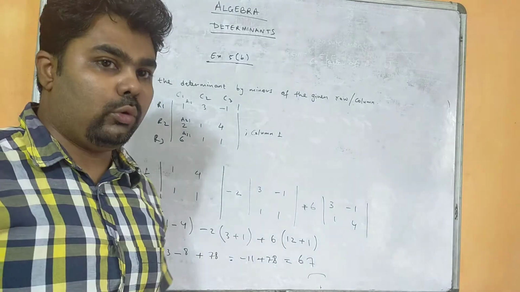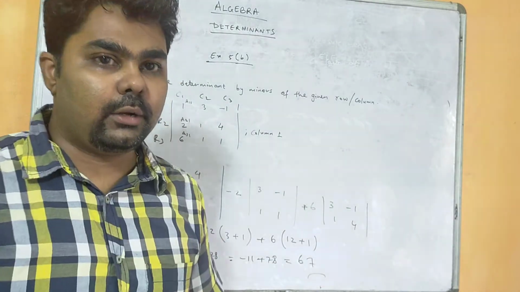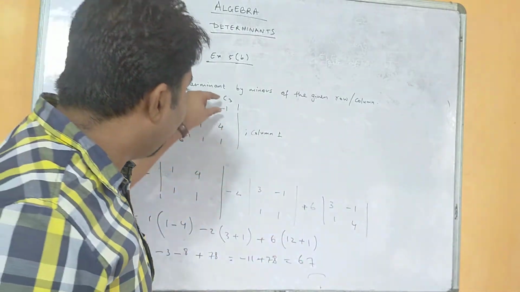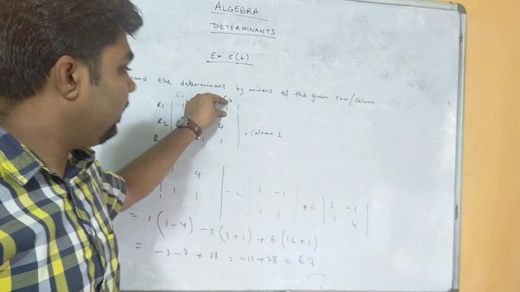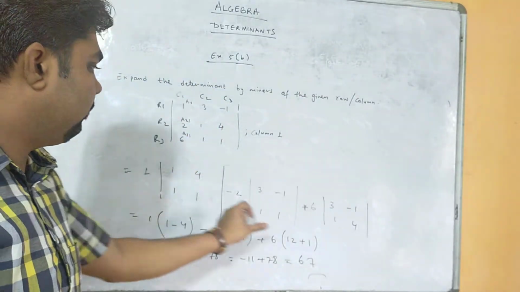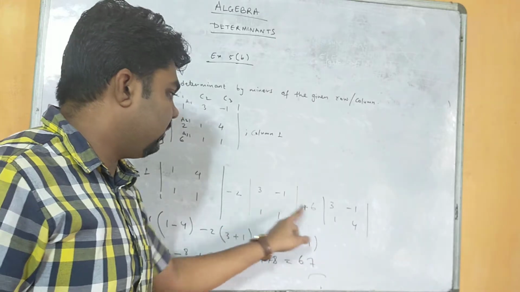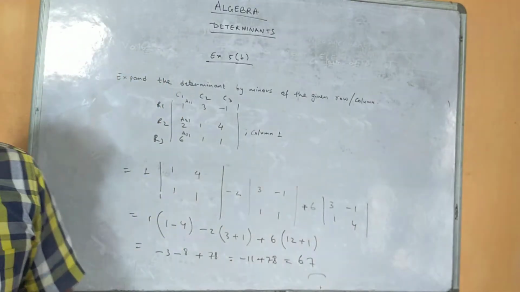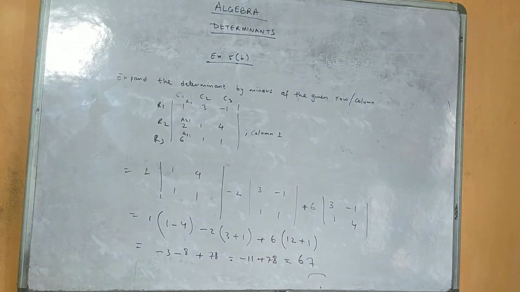So for getting the value of any determinant, you have to first write what element is in that position, then you hide the corresponding row and column, and you have to make sure of plus and minus, that is, whether the sum of its position is an odd or even number. If it is odd, then there will be minus. If it is even, then there will be plus.